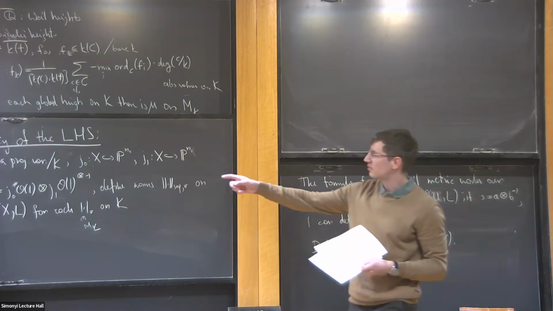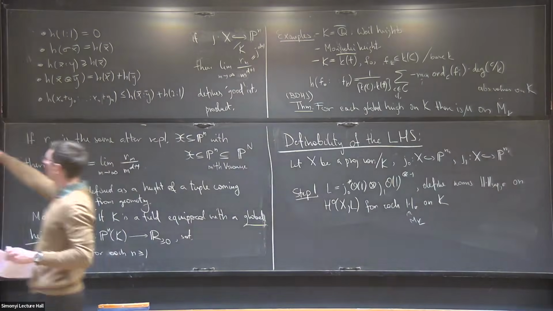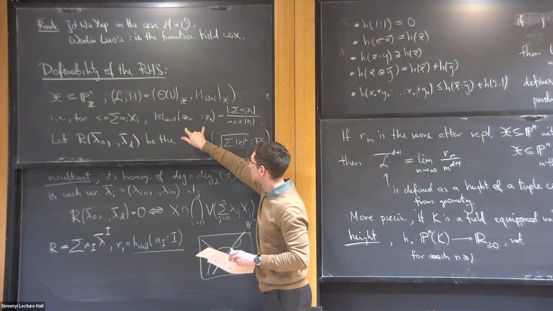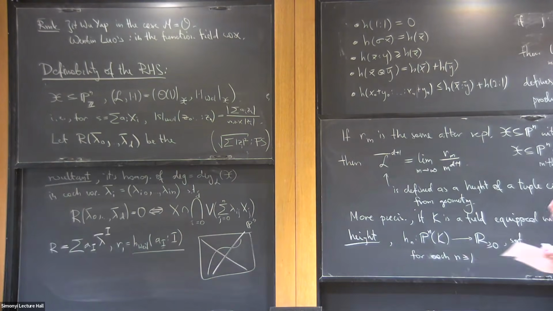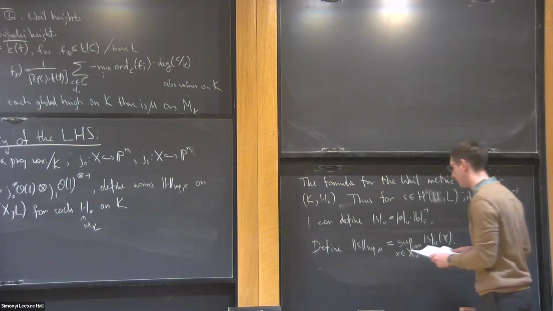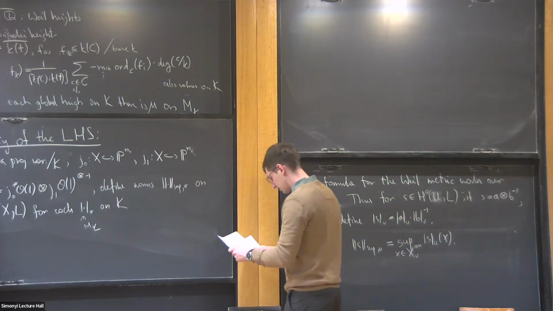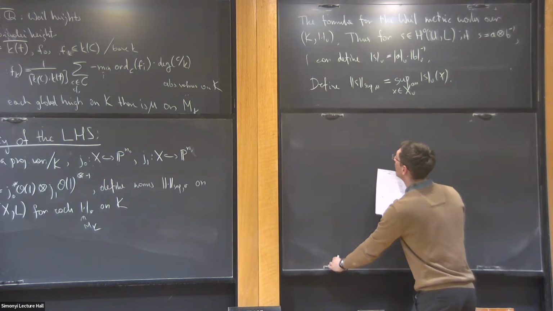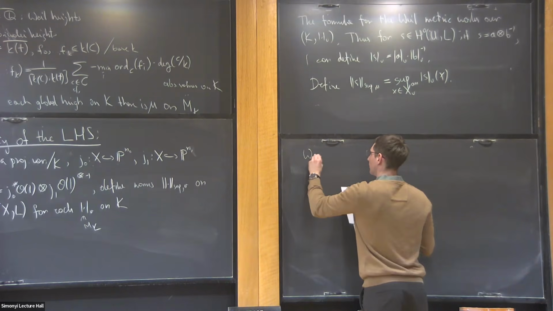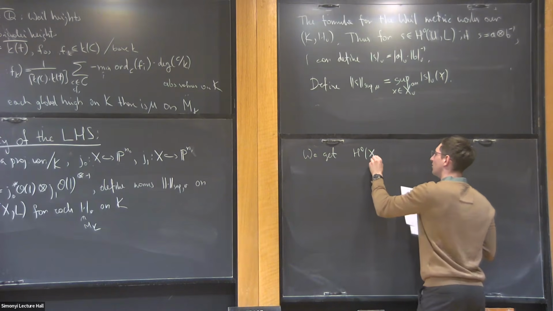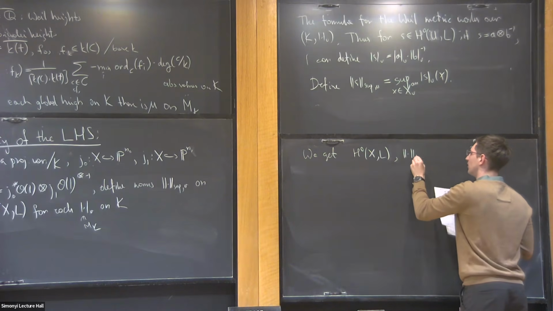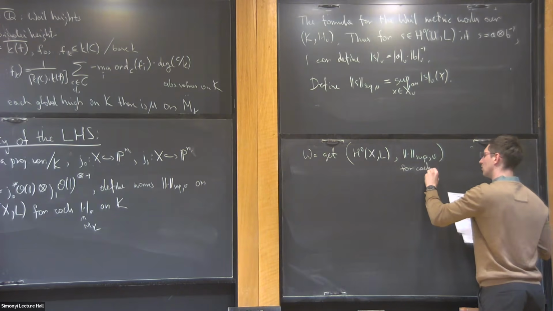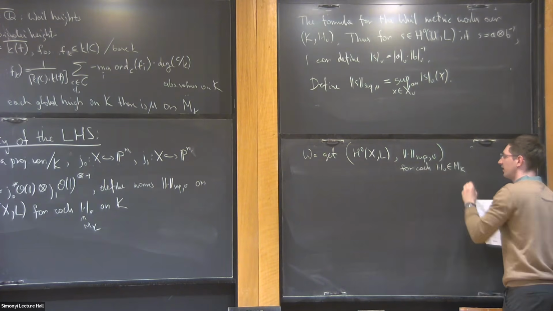So this is really the supremum of expressions like here over points that belong to my variety inside fields that extend K with the fixed absolute value. Okay, so doing that, we get the following object. We get this finite dimensional K vector space, and we get a family of norms for each absolute value in K.